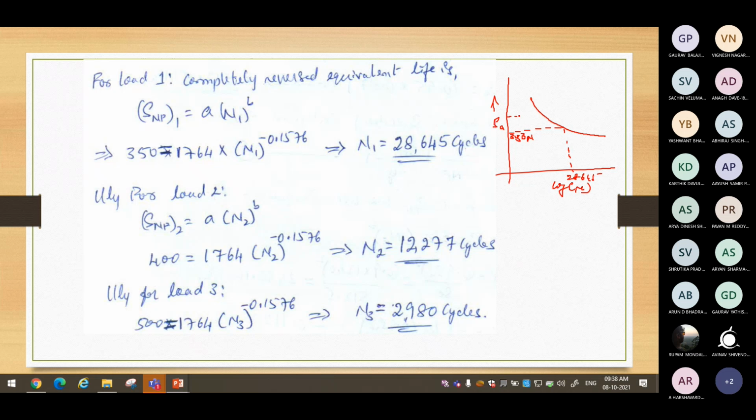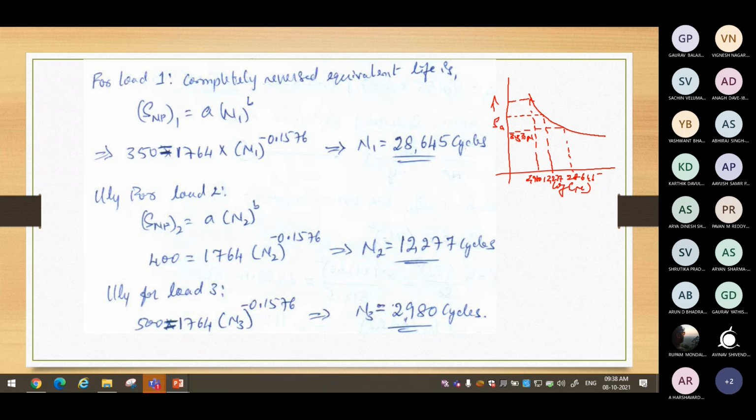When you apply 400 MPa, you are going to find 12,277 cycles. And if you apply 500 MPa, you are going to find 2,980 cycles of life.